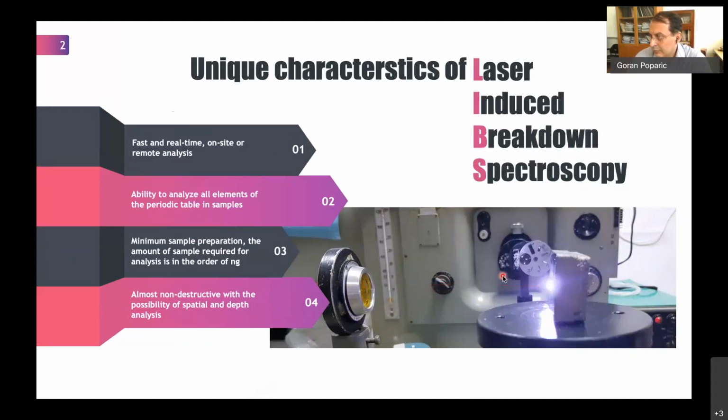Compared to standard analytical methods like ICP-OES, LIBS can provide fast, real-time, on-site and remote analysis. It has the ability to analyze all elements from the periodic table in gas, liquid, and solid samples, with minimal sample preparation and a small amount of sample required for the analysis. It can be almost non-destructive, with the possibility of spatial and depth analysis.